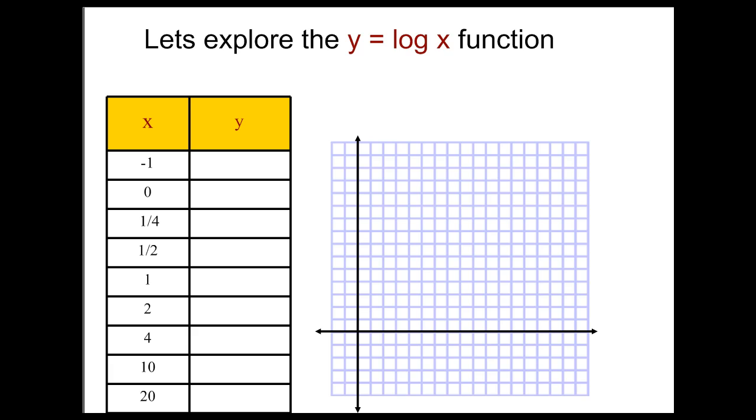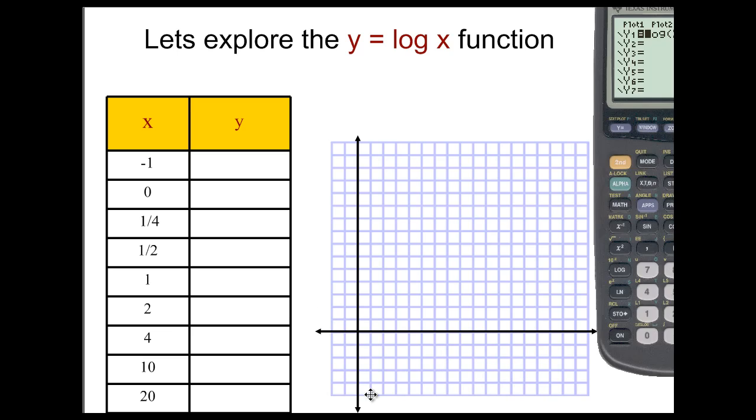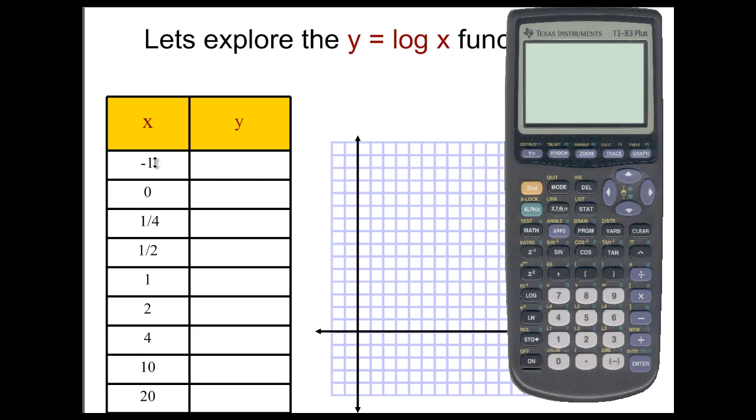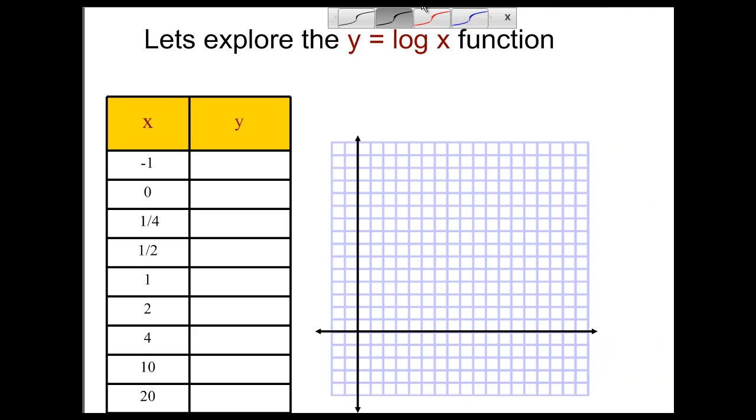Like many functions, we can default back to looking at a table of values. So I'm going to use our graphing calculator here, and we're going to calculate some values. The first thing I want to do is find the value of the common log of -1.